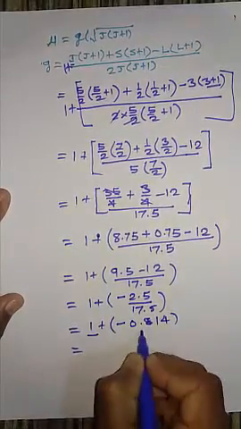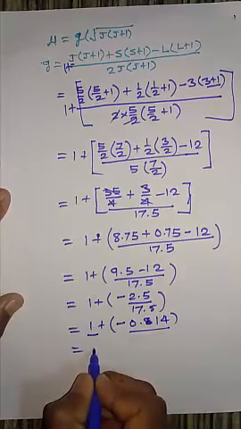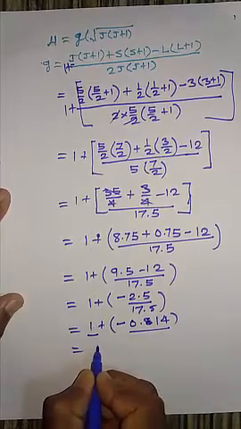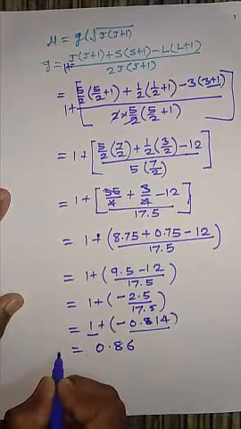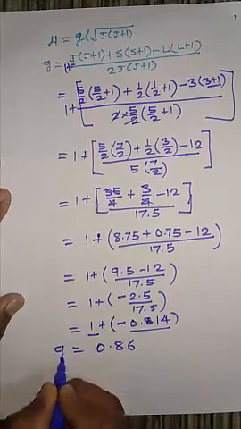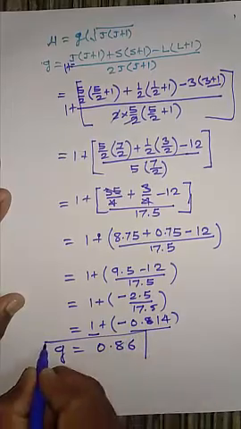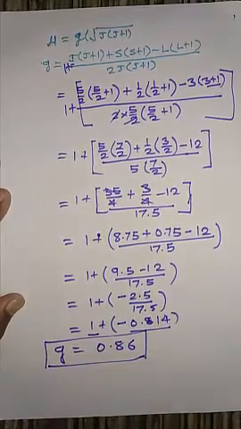So 1 minus 0.14, we get near about 0.86. So dear students, we get the value of g, that is 0.86.